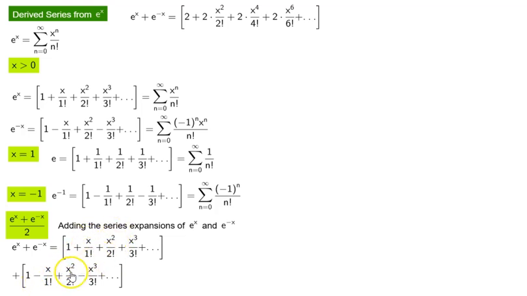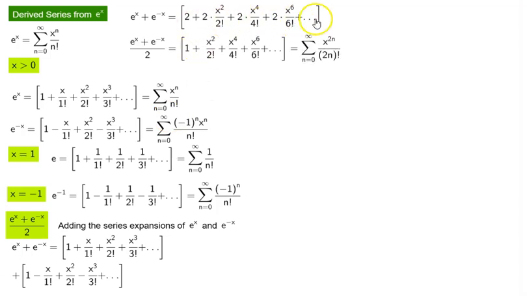X square by 2 factorial, x square by 2 factorial becomes 2 times x square by 2 factorial. Again, x cube by 3 factorial and x cube by 3 factorial cancel out. Similarly, we get 2 times x to the power of even power by even power factorial.